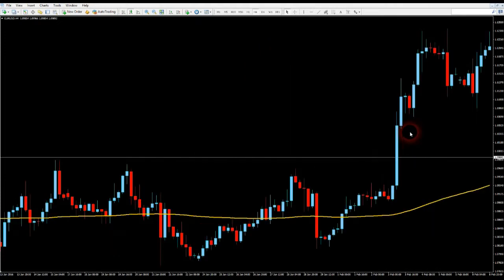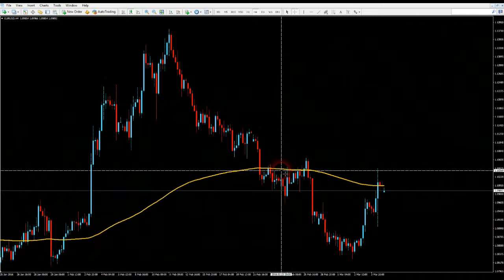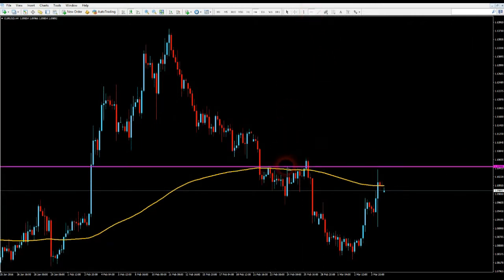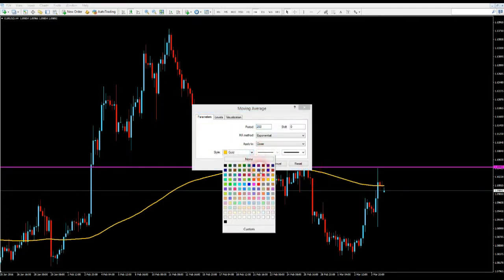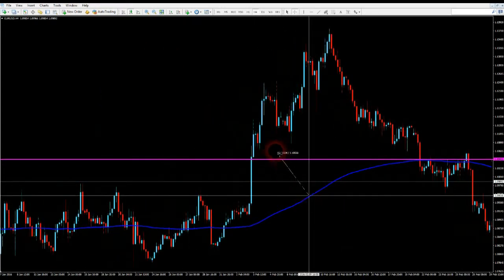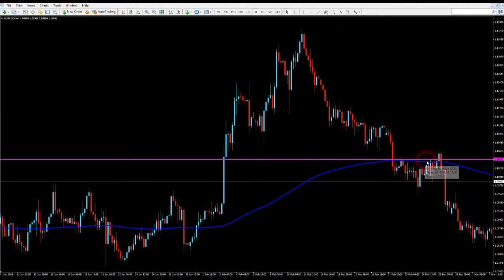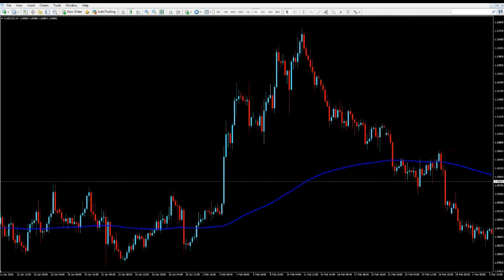If we remove this, you see how this area has become resistance, right? Thanks to the EMA 200 here confirming the resistance. And before that, it showed us there was a nice uptrend and then it became resistance. So that's how you can use the moving averages.